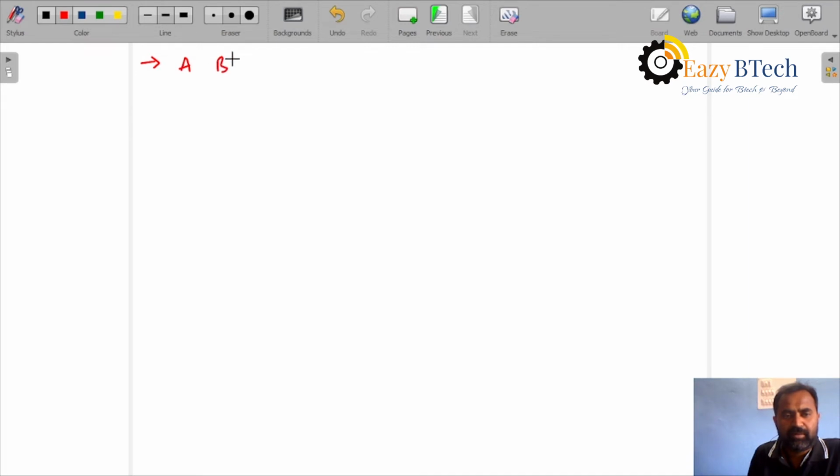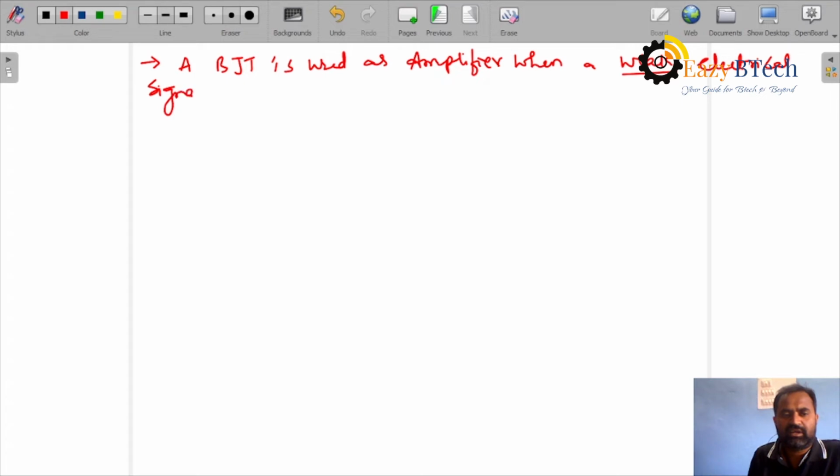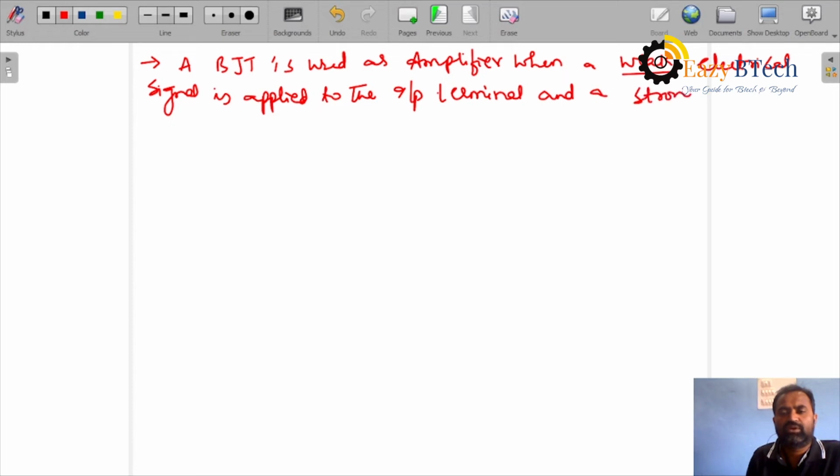A BJT is used as an amplifier when a weak electrical signal is applied to the input terminal and a strong electrical signal is taken from the output terminal.